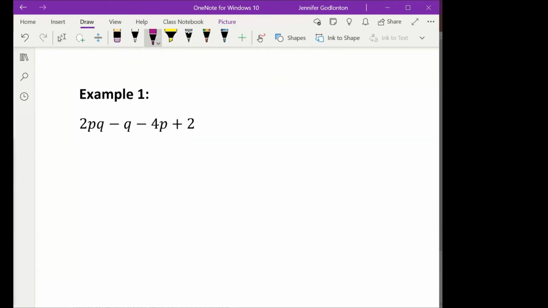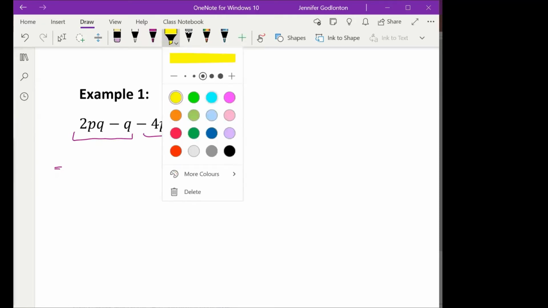Yes, ma'am. Okay. Ma'am, first we have to group. So, okay, I grouped these 2 and I grouped those 2. Yes, ma'am. Ma'am, did we first separate the 2p plus p, the two P's, put it into one?